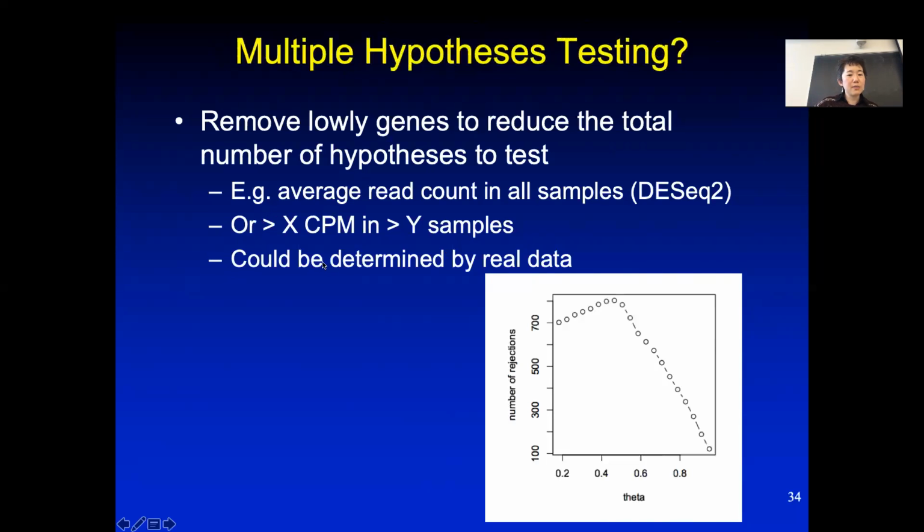But a lot of times, at least for DESeq, where to do the cutoff can be determined by the real data. For example, DESeq tries to see what average read count I need to cut.